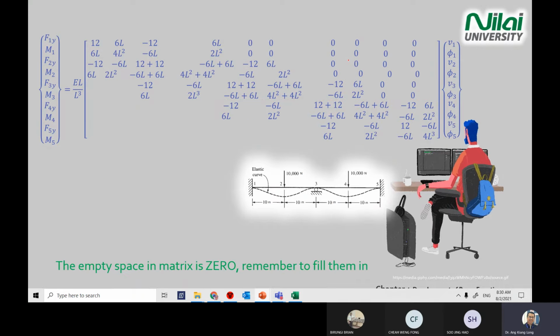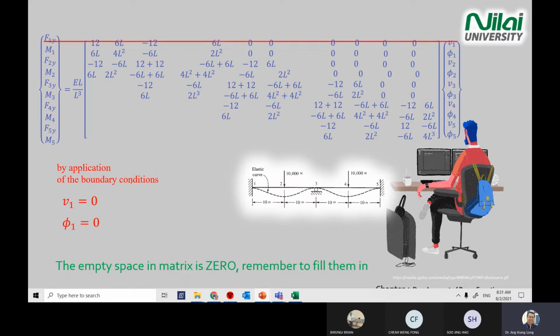Right? Then after that, we will apply the boundary condition. After you build F equals KD, we will apply the boundary condition. This boundary condition is what I asked Chia just now: what happened to point 1, and I also asked Brian.